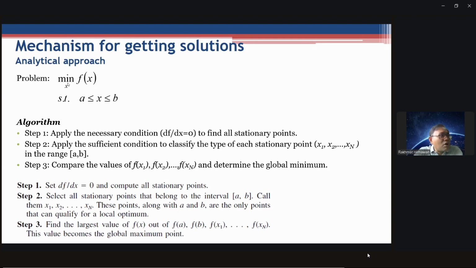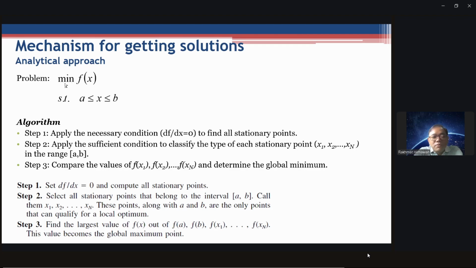With this problem, to minimize, for example, f(x) with constraint x between a and b: the first reference, step one, is to apply the necessary condition, which is just the derivative df/dx equal to 0 to find all stationary points, and then apply the sufficient condition to those points. So these are x stars in the range, and then compare the values and determine the global minimum.